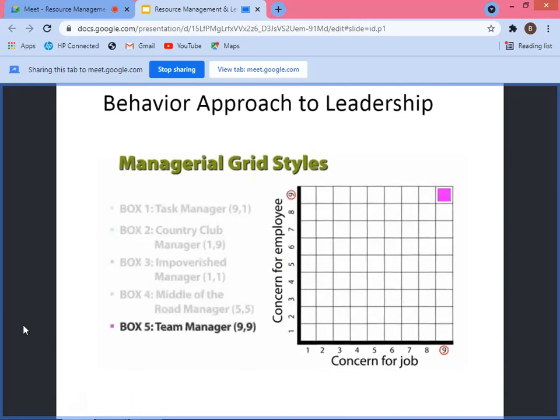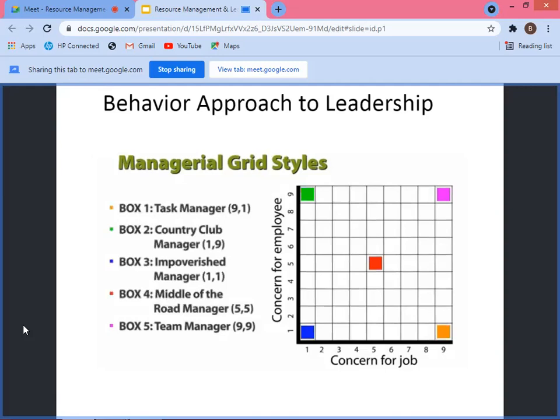Of course, you would say the perfect one, team manager, correct? But can everybody be like that? I don't think so. Nobody is perfect. Nobody can be like that. Maybe just one or a couple of people can be like that in the organization, but not everybody.